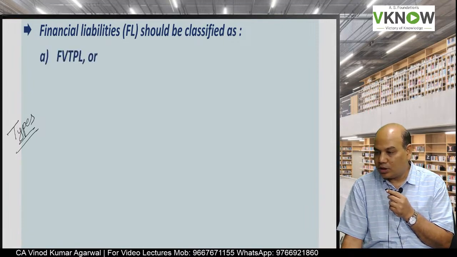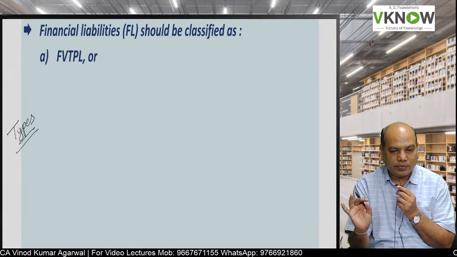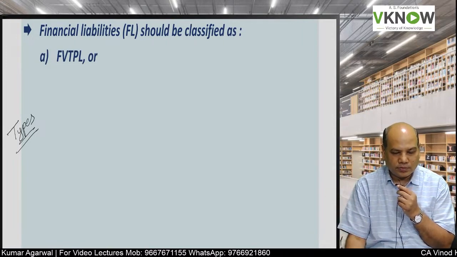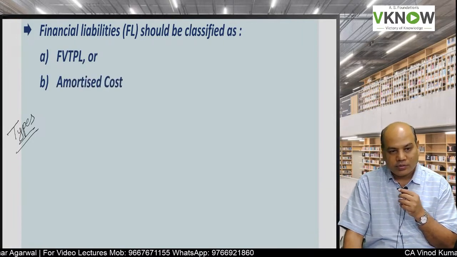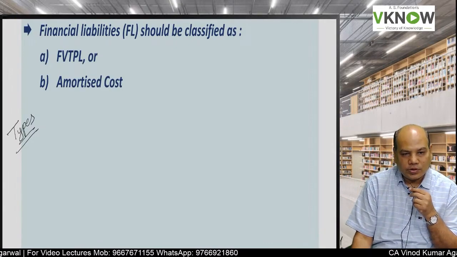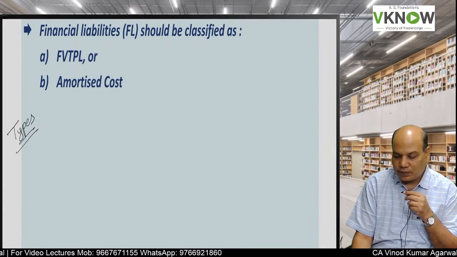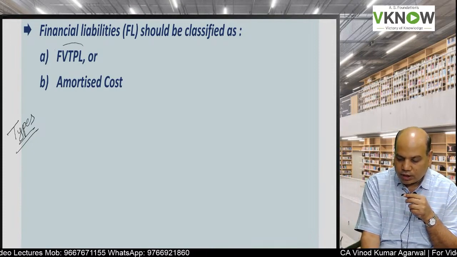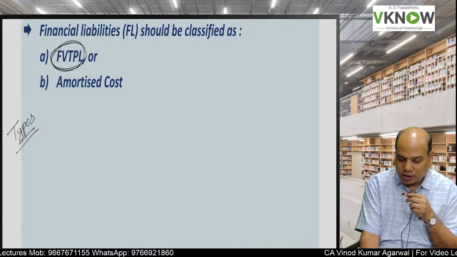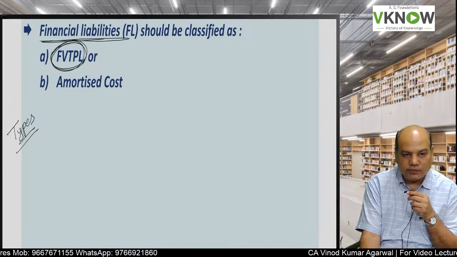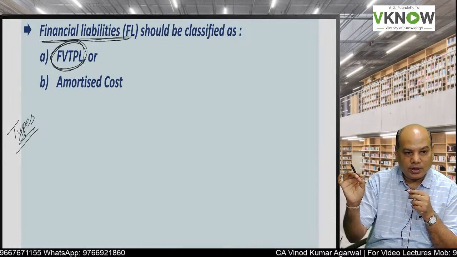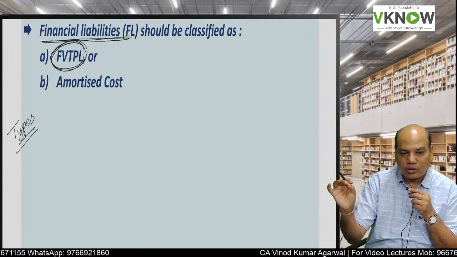Now another question is, what are the types of financial liability as per this IND AS 32? Financial liabilities are only of two types: FVTPL and amortized cost. FVTPL means fair value through profit and loss account. So at the inception, when you are recognizing financial liability, you have to decide whether it will be FVTPL or amortized cost.